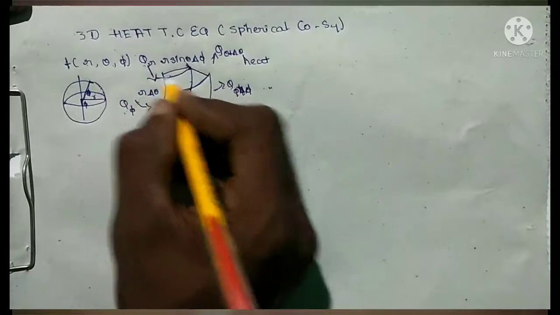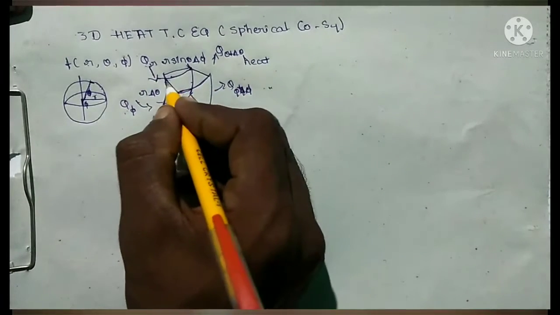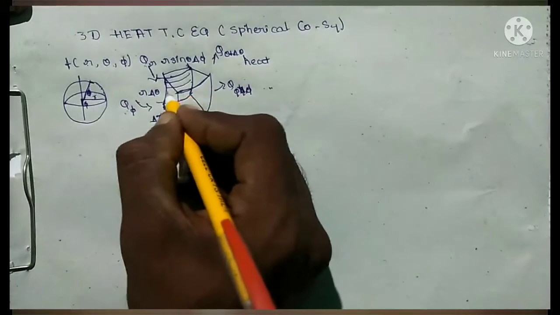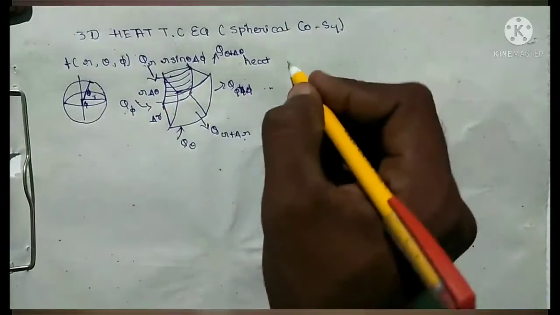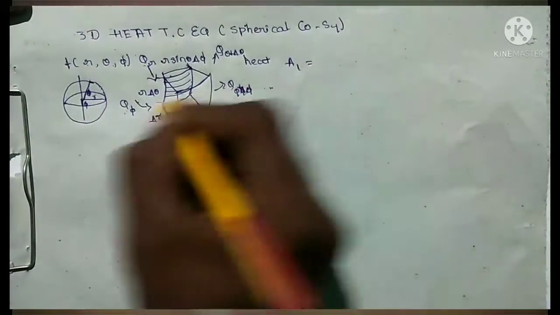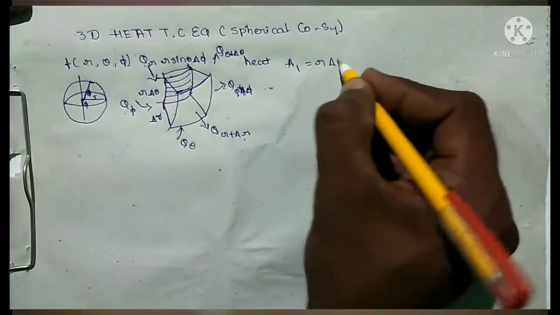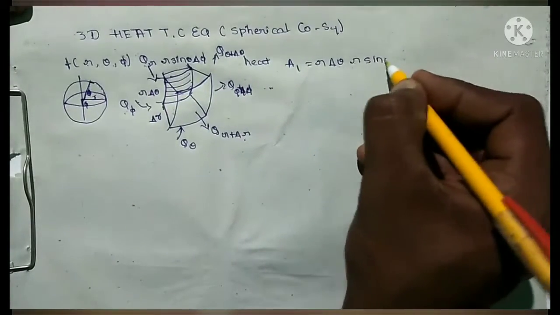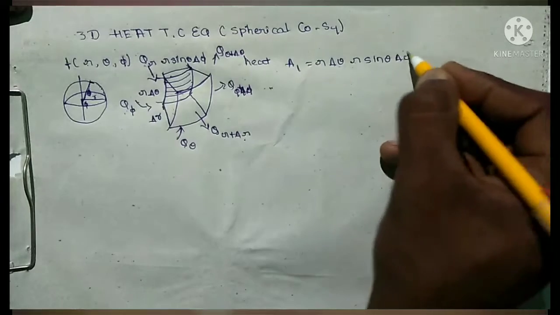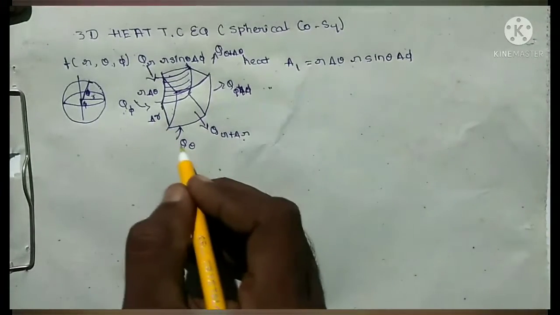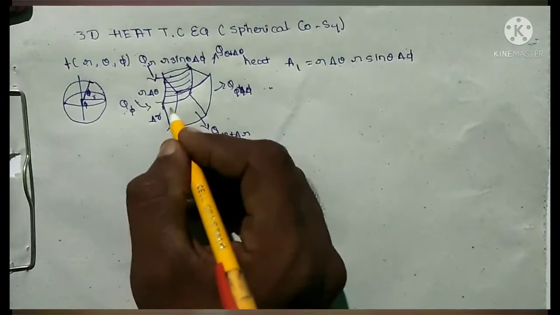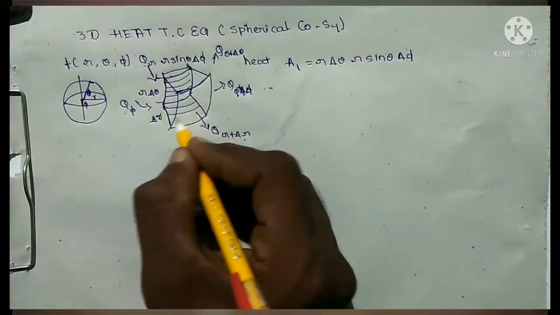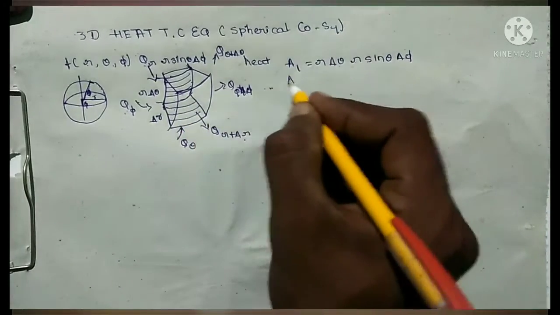Now with respect to the q r direction, this area will be considered as A1. A1 is equal to r into delta theta into r sine theta into delta phi. Next, for the radial vertical direction, this area we are going to consider, A2.